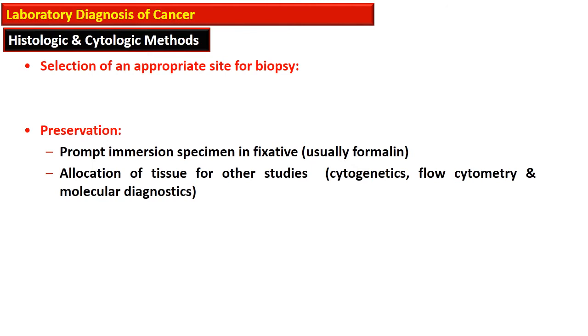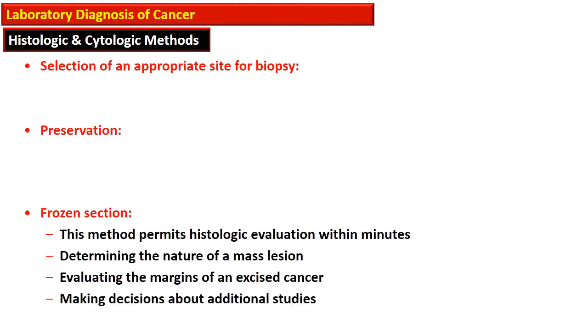The fixative usually used is 10% neutral buffered formalin, and the amount of fixative should be in 1:10 proportion to the tissue. Tissue for other studies should be allocated, such as cytogenetic studies, flow cytometric study, and molecular diagnostics.